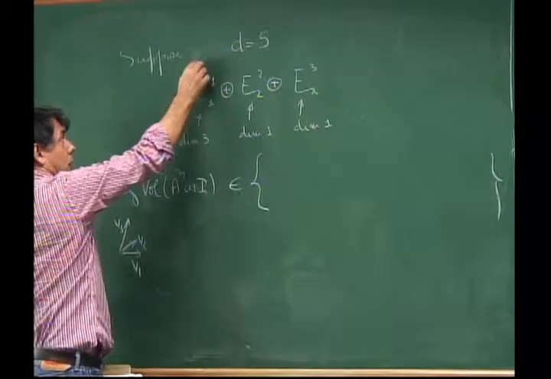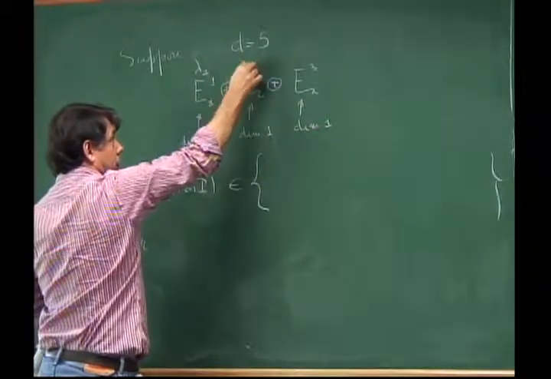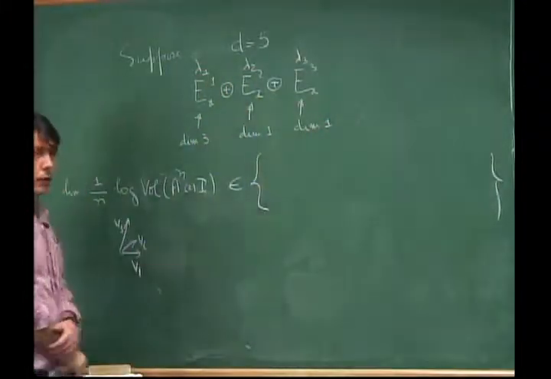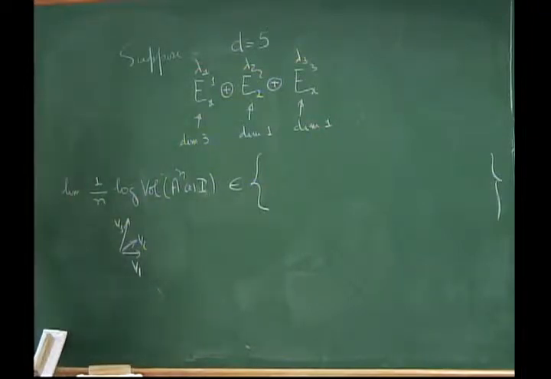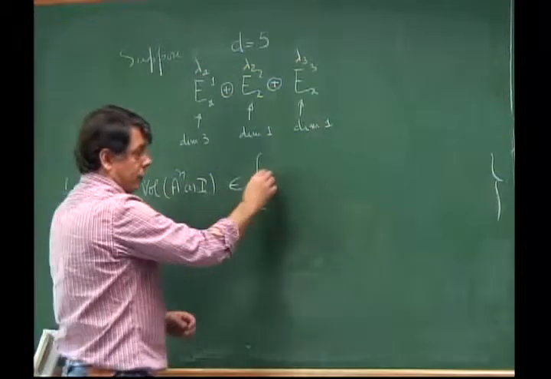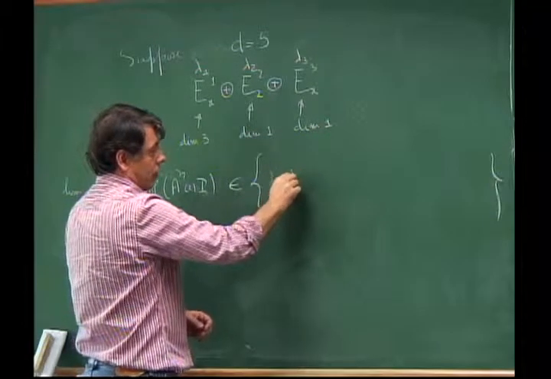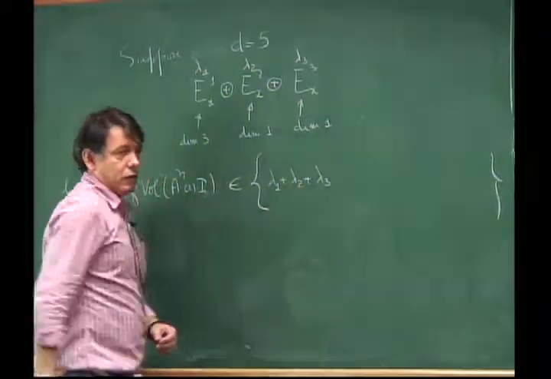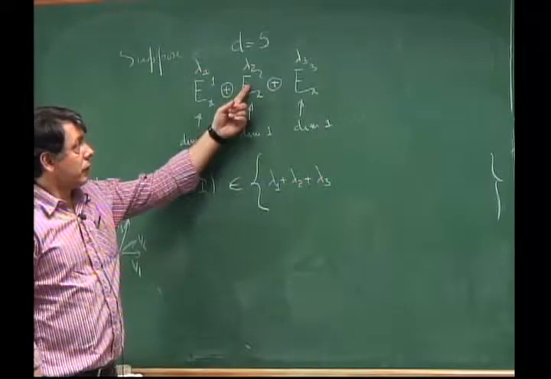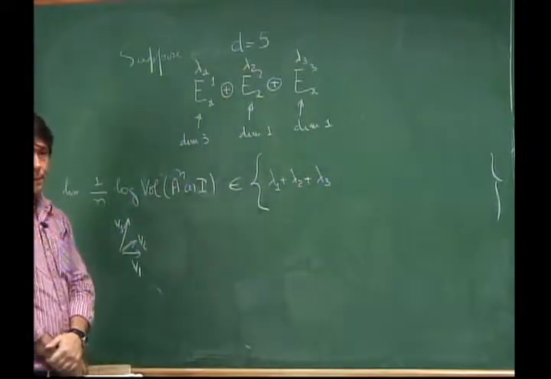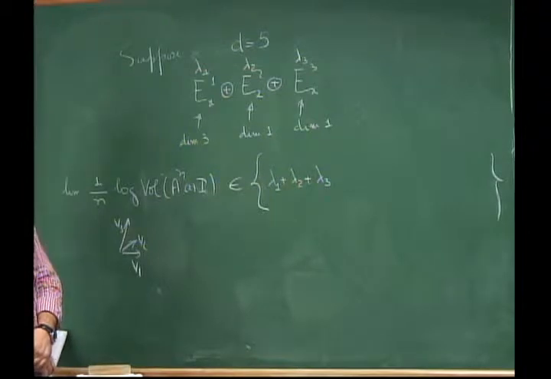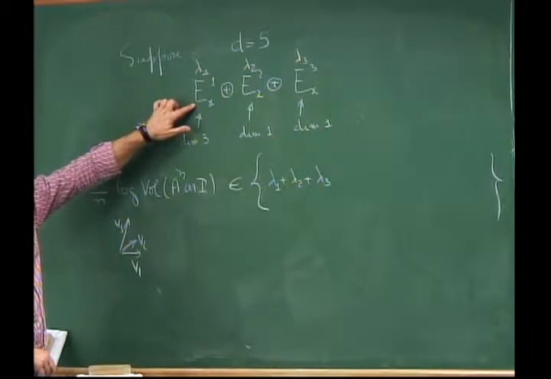This corresponds to Lyapunov exponent lambda 1, this is lambda 2, and this is lambda 3. Of course, one possibility is lambda 1 plus lambda 2 plus lambda 3, if I choose one vector in this direction, one vector in this direction, and one vector in this direction. What else? Well, I could choose all of them inside this one, right?